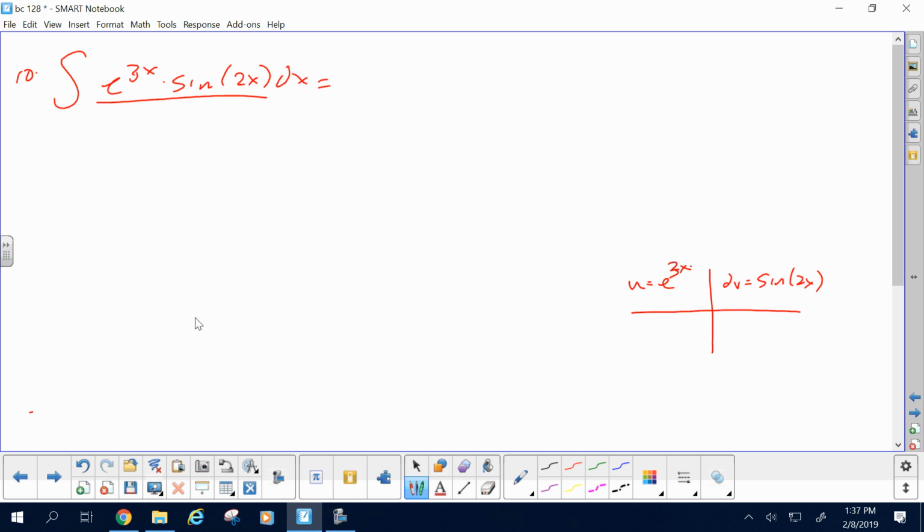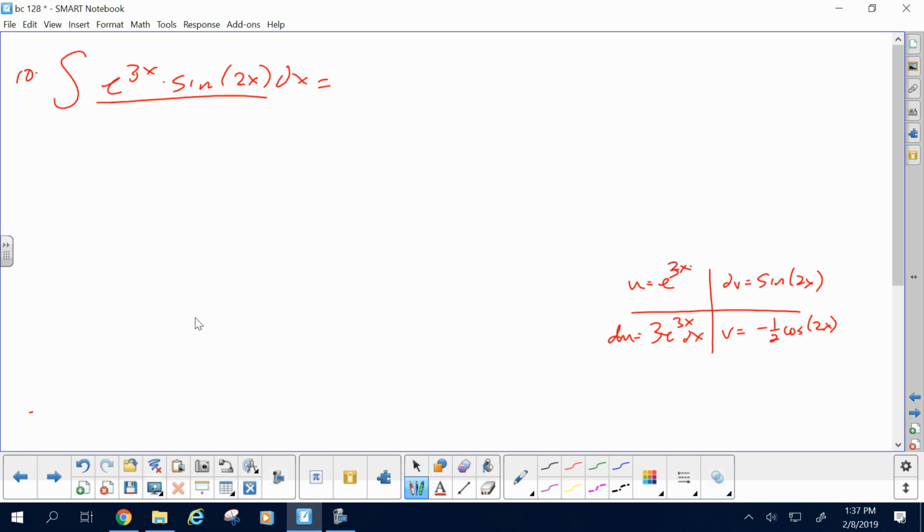sine of 2x. What's du then? It's 3e to the 3x dx, and v is negative 1/2 cosine of 2x. I feel like that's a pretty gross antiderivative. I think I would have gone the other way, but that's okay.